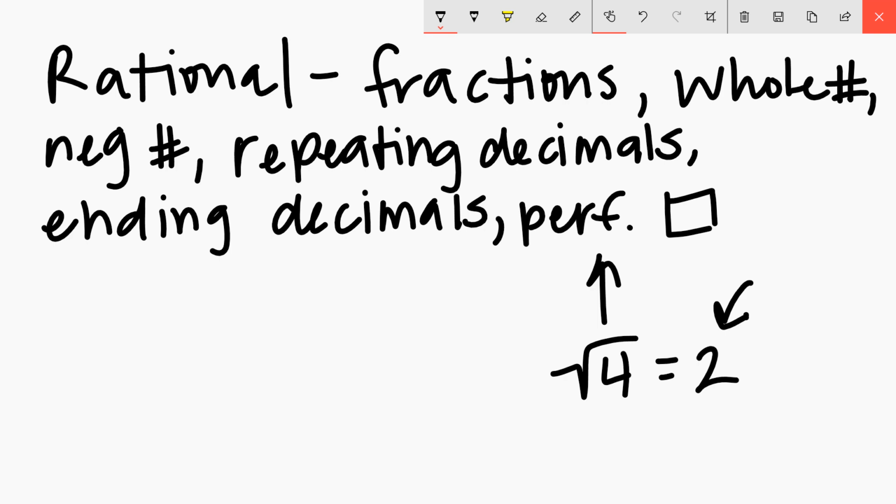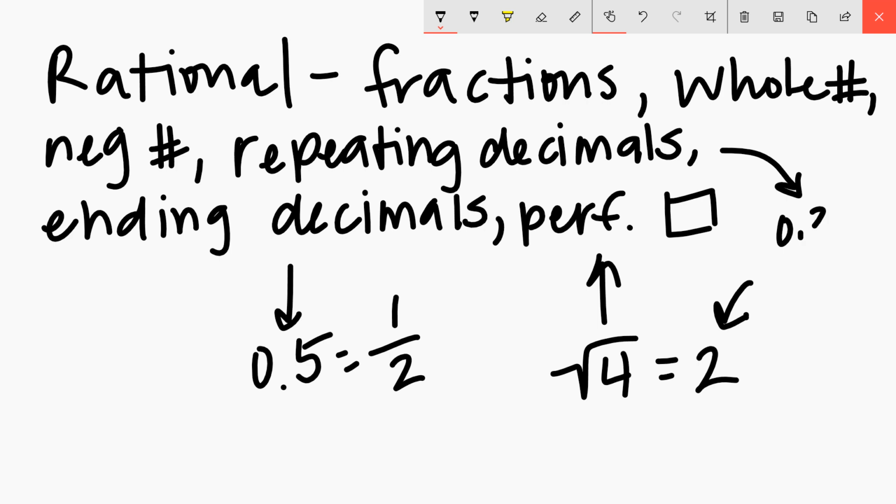Ending decimals, like 0.5, I know that's 1/2, and that's a fraction, and that's rational. Repeating decimals, like 0.3 repeating, that's actually 1/3. Fraction, rational. Pause if you need this definition. I'm wiping it now.